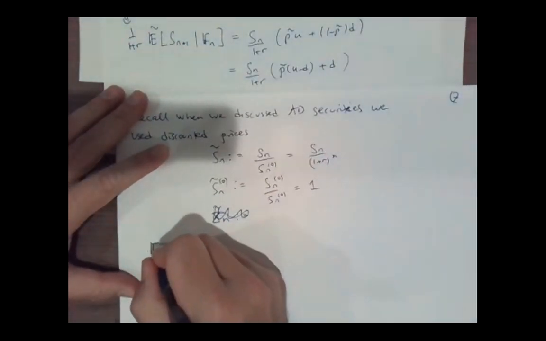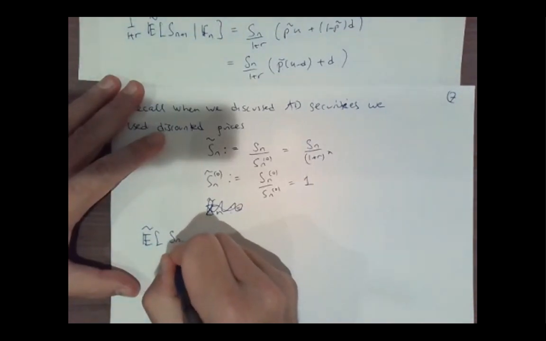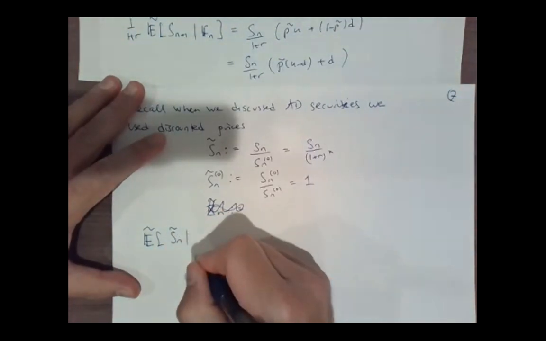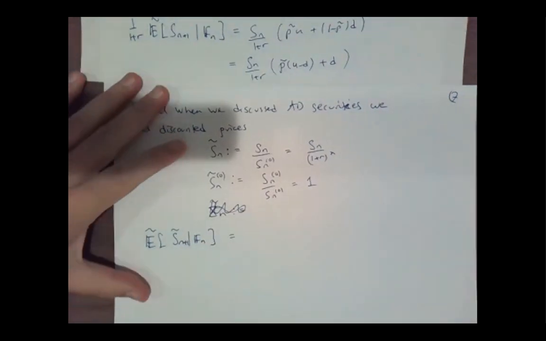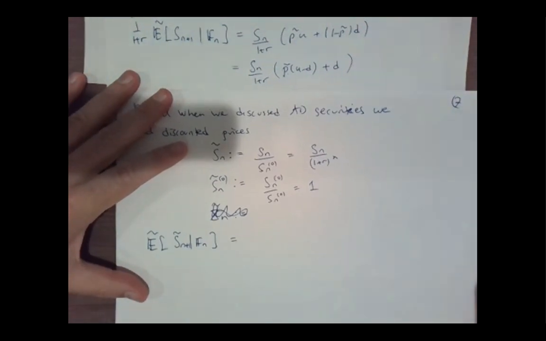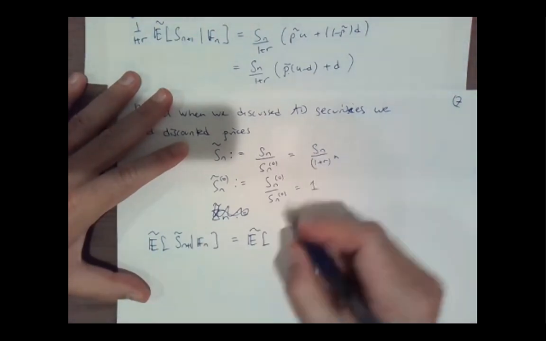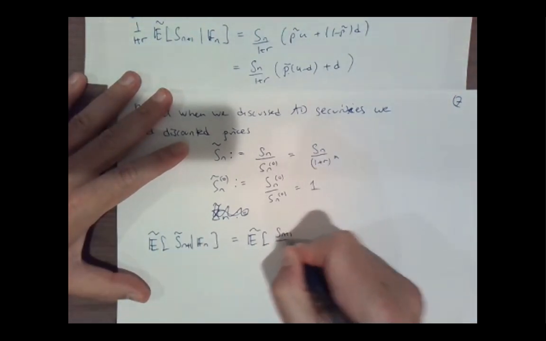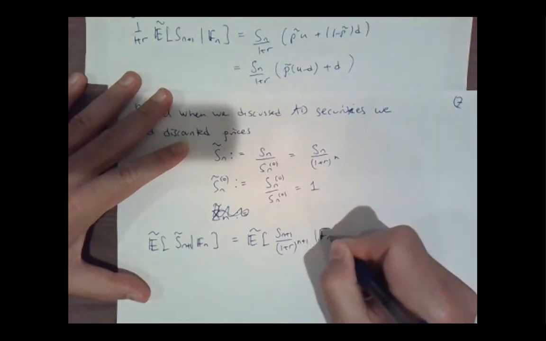So if I look at the conditional expectation up here, I get Sn tilde given Fn. This would be Sn plus 1 divided by 1 plus r n plus 1 given Fn.